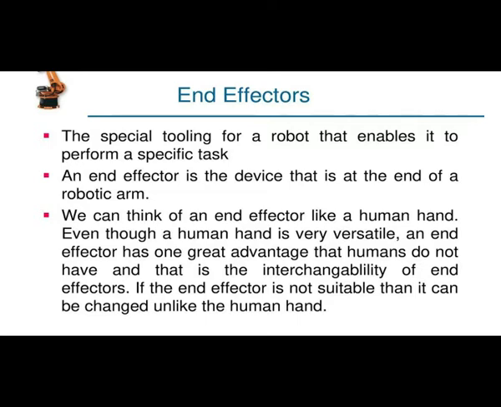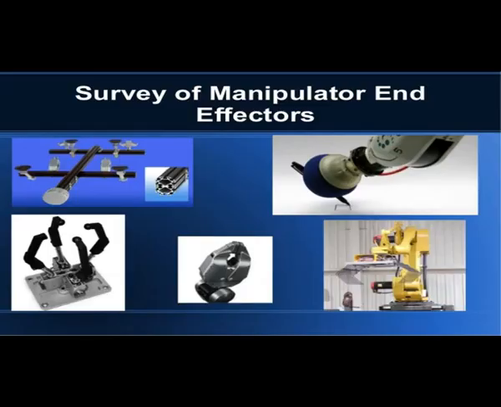Even though the human hand is very versatile, an end effector has a great advantage that humans do not have, and that is the interchangeability of end effectors. If the end effector is not suitable, it can be changed, unlike the human hand. Types of end effectors are there.